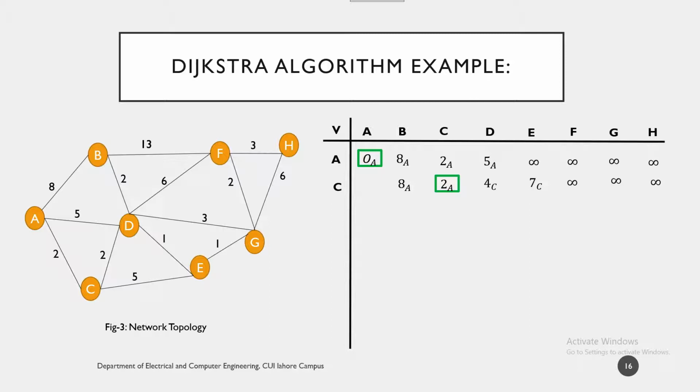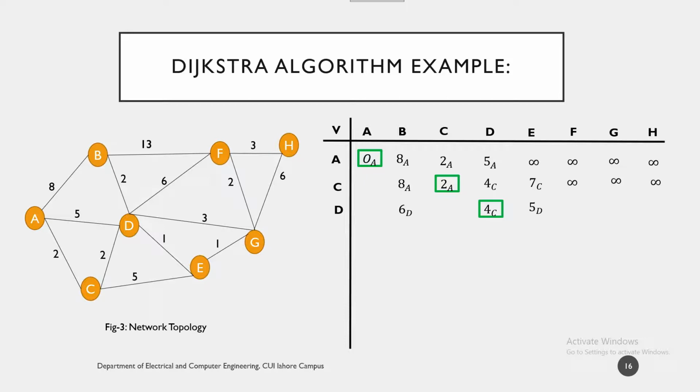Now in this row, the smallest value is 4. We write it down and fix it. As you can see that it comes under the column D, so the next vertex we consider is point D. D is connected to B with a distance of 2. 2 plus 4 makes 6, which is less than 8, so we write 6 under the column B and also change the subscript from A to D, which means that it comes from the router D. D is 1 away from E, so 1 plus 4 is 5, which is again less than 7, so we replace this as well.